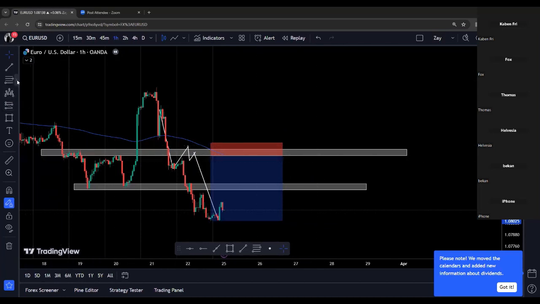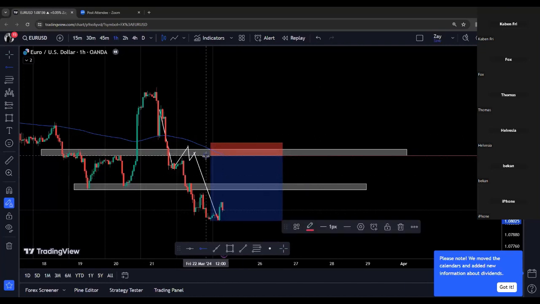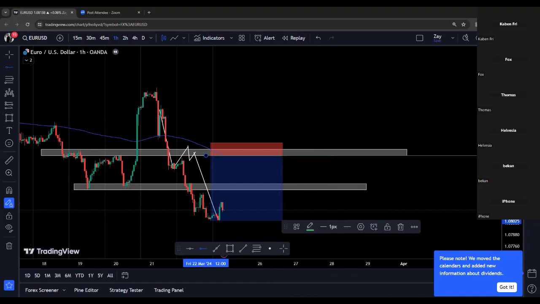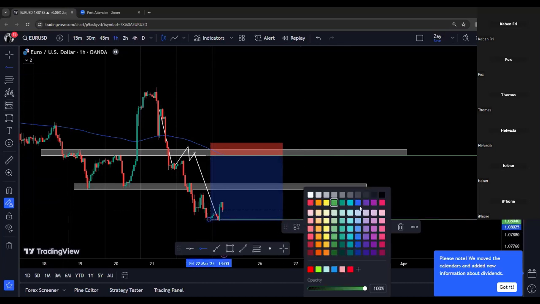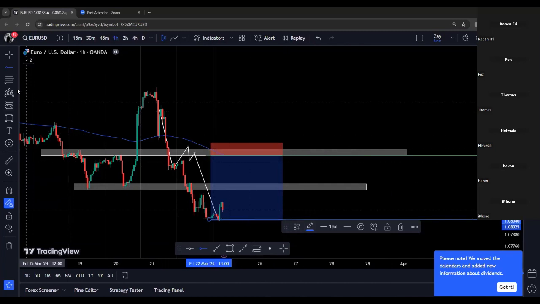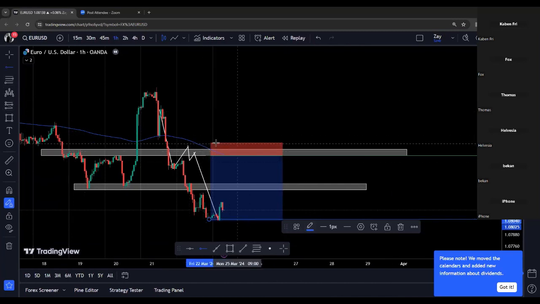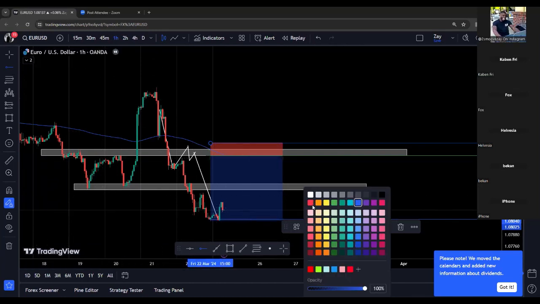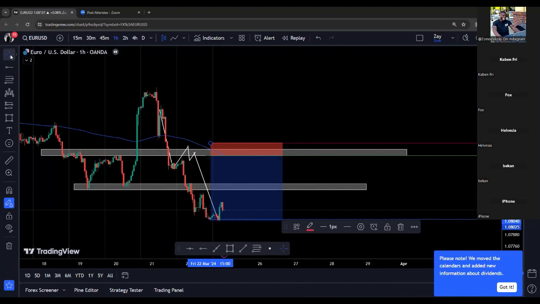I'm going to draw my lines to show you my entry price, my stop loss, and my take profit. I'm going to make it green, and the blue is the TP. On this next one I'll use red, because we don't want to see it on our MT4, period.